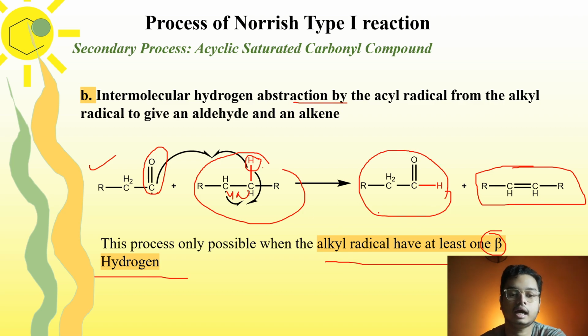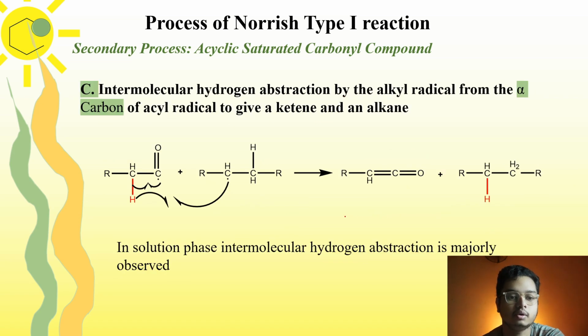Now, the vice versa hydrogen abstraction also takes place, where the hydrogen abstraction takes place from the acyl radical to an alkyl radical. So this is our acyl radical and this is the alpha carbon.